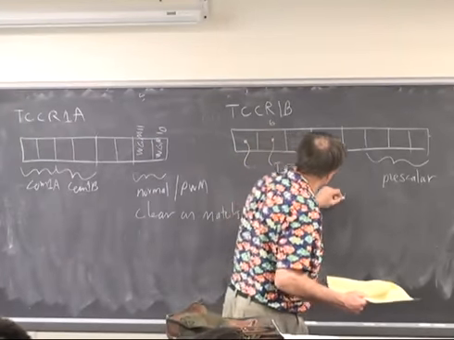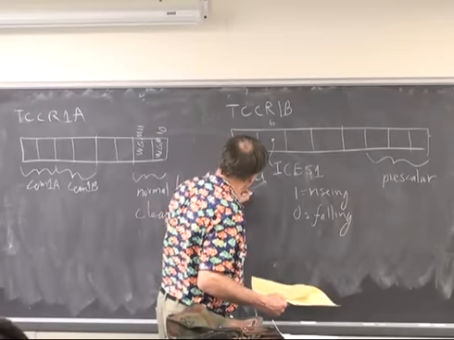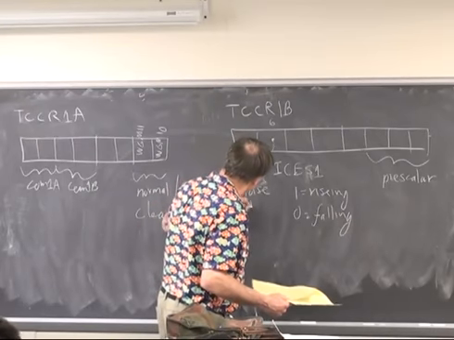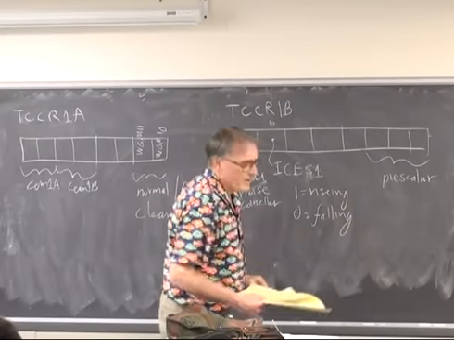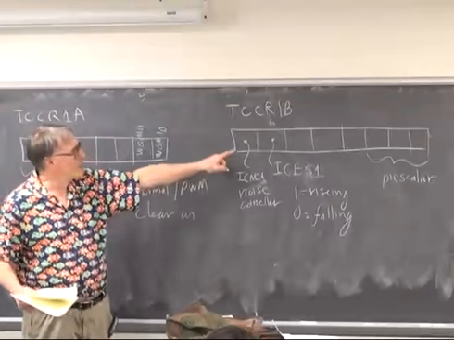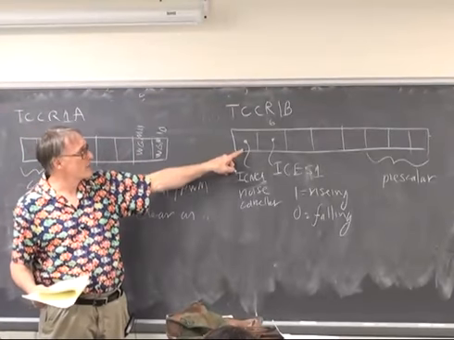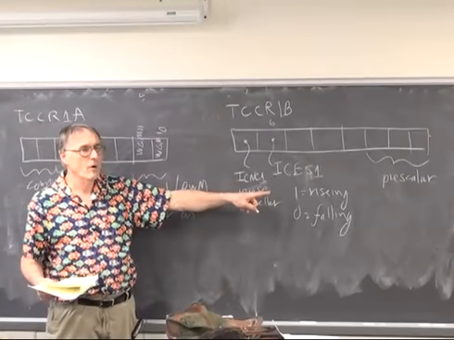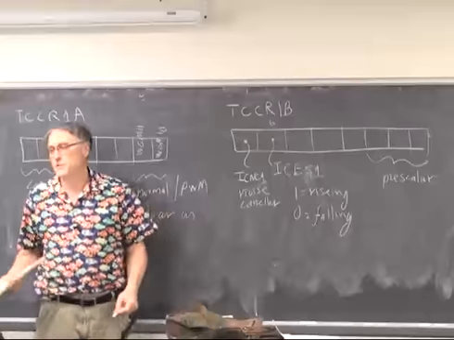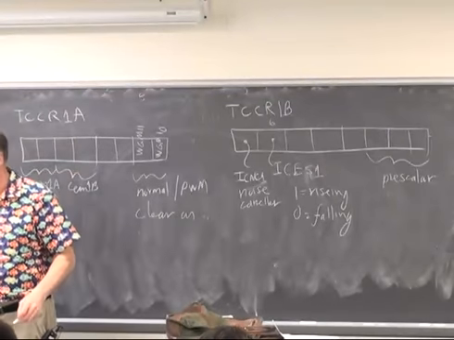This is the ICNC1, which is the input capture noise canceller. Basically, it's a digital filter that requires two measurements in a row to make sure that a transition actually occurred.